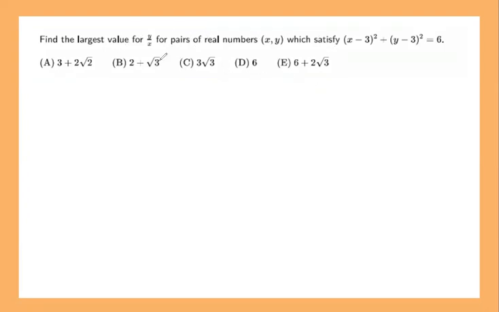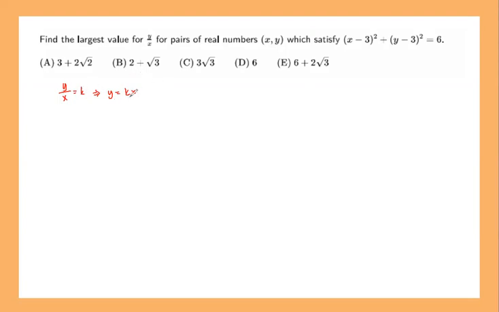Since we are looking for the largest value of this fraction, I'm going to call it k. If this is the case, the y value will be kx. Because I have two variables, I like to deal with only one, so I will try to get the k from there.